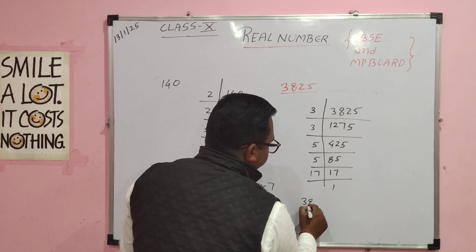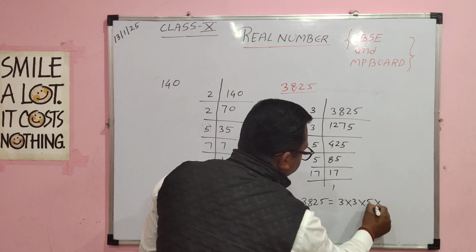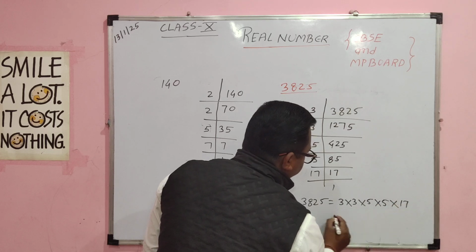So our answer is 3825 equals 3 multiply 3 multiply 5 multiply 5 multiply 17.